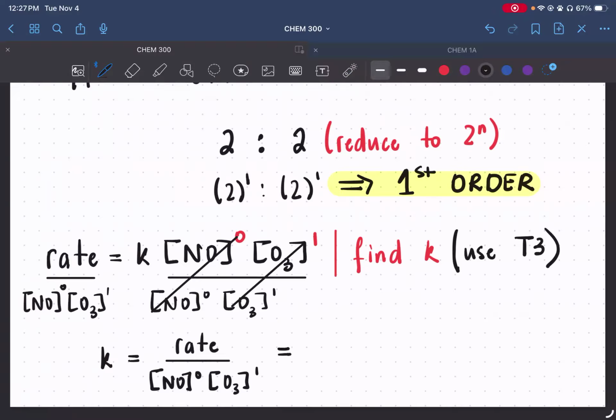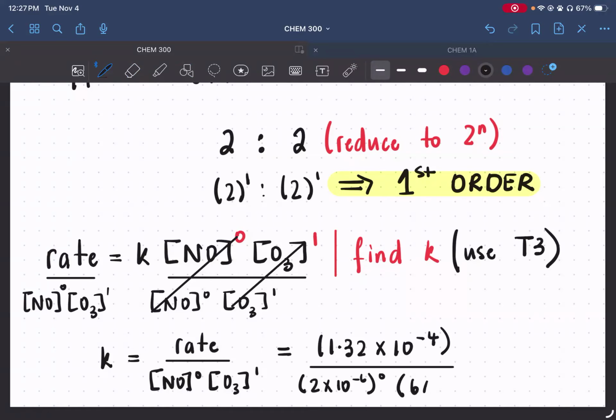The rate in trial 3 is 1.32 times 10 to the negative 4, all over the concentration of NO, 2 times 10 to the negative 6 raised to 0, multiplied by O3, 6 times 10 to the negative 6.